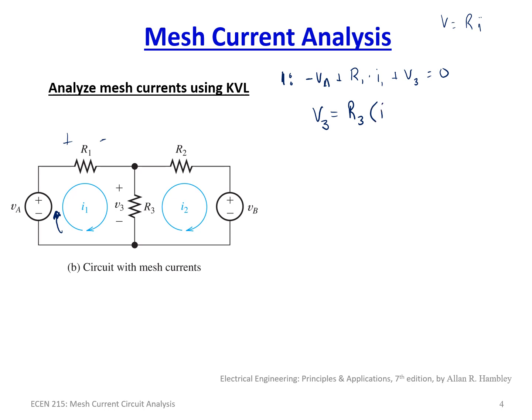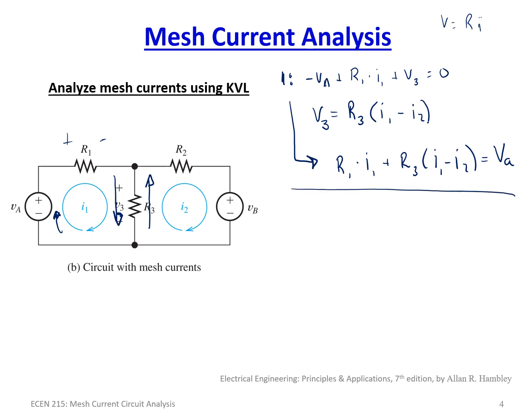Then we end up with I1, because that's the current that's leading, but there's an opposing current here, I2, so it's I1 minus I2. That's where that comes from. So we can rewrite this entire equation simply as R1 times I1 plus R3 times (I1 minus I2), and since VA is negative, we just stick it over here and make it equal to VA. And that is equation number 1.